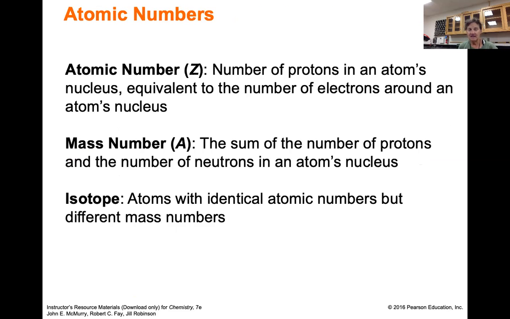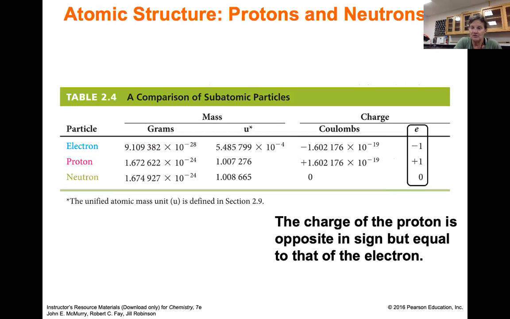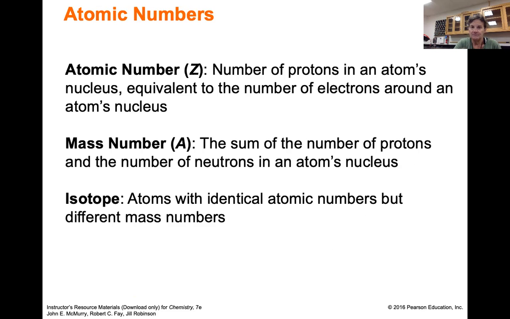So when we start now explaining or labeling the characteristics of the atoms within an element, the atomic number, which is given the symbol Z, tells you the number of protons in an atom's nucleus. It's also equivalent to the number of electrons around the nucleus, because in order for that atom to be neutral, the proton and electron number has to be equal in order for those two charges to add up to 0.